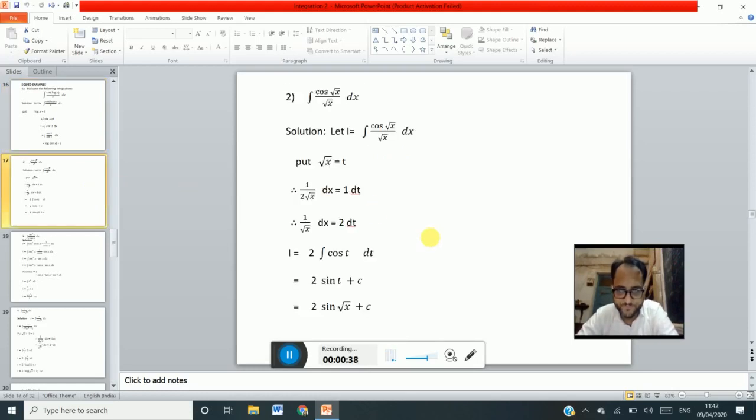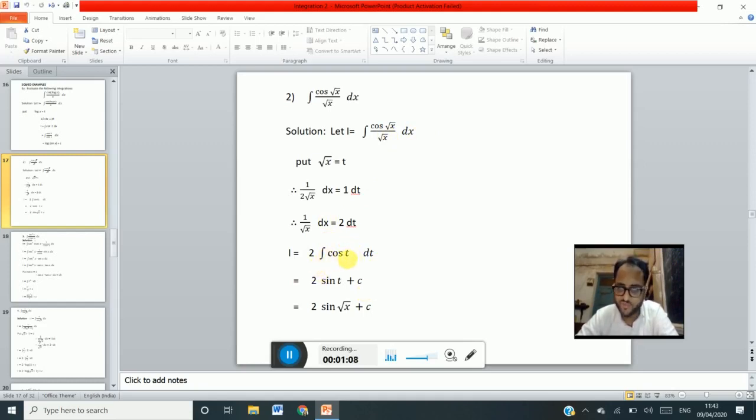See this one, integration of cos of root x upon root x. If we put root x equals t in the given function, the derivative is 1 upon 2 root x dx equals dt, so 1 upon root x dx equals twice dt. After substitution, 2 is a constant, therefore outside the integration, and 1 upon root x dx is 2 dt, and cos of root x means cos t.